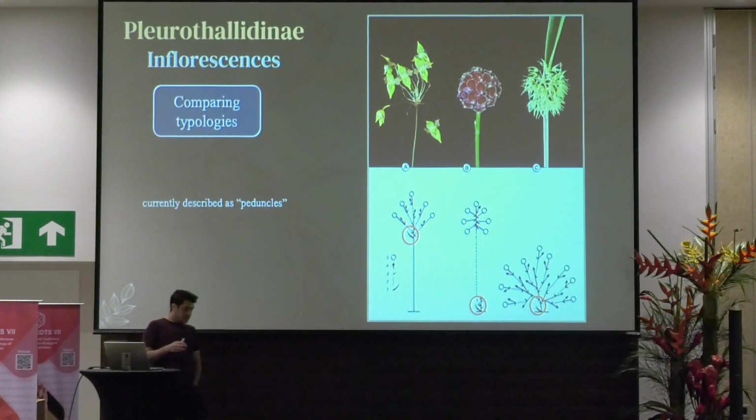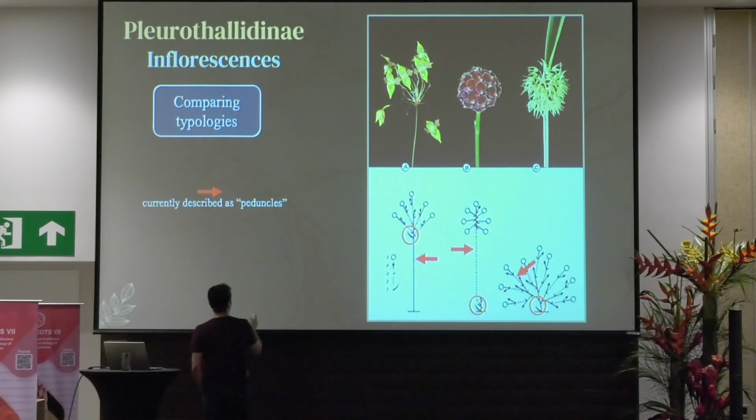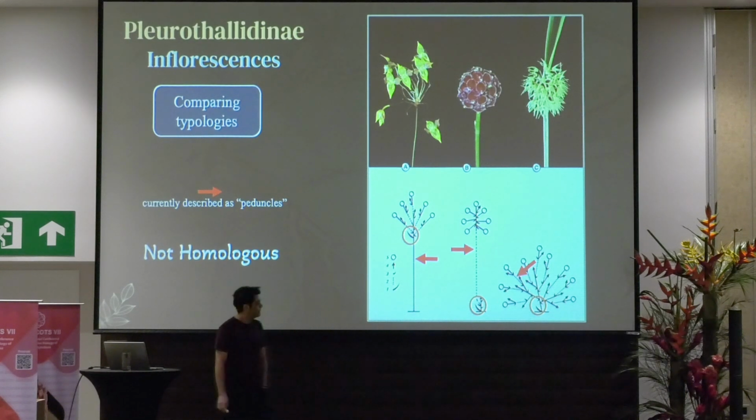That was something that I found, that the structure currently described as peduncle has been erroneously applied to this subtribe. So we are going to point out the structures that have been currently described as peduncles. As you can see here, this one is below the spathe, this one is above the spathe, and this one is also above the spathe, so they are not homologous structures.